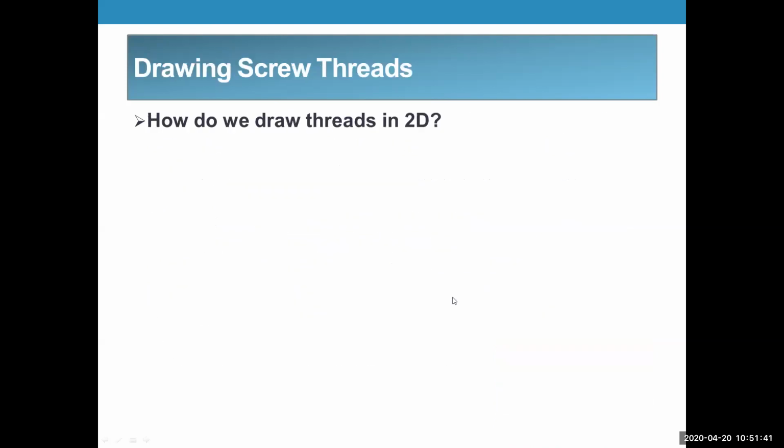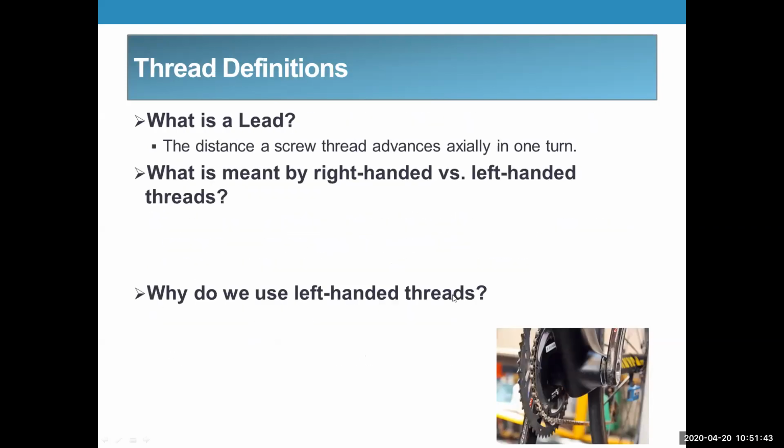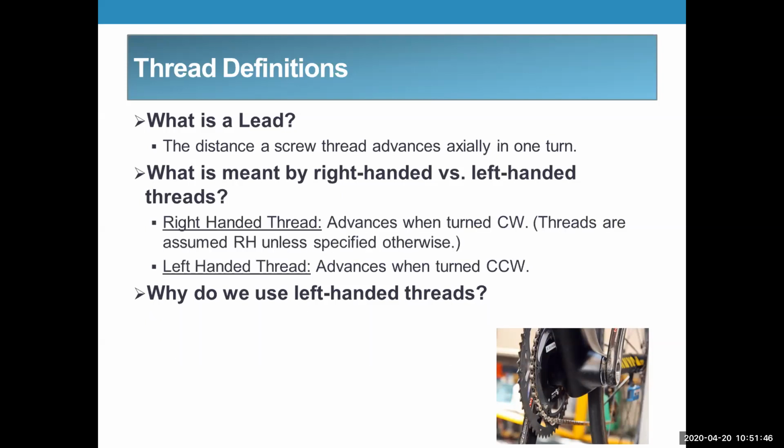The question becomes, why do we need left-hand threads? Well, it's because if you have something that's turning to the right and you're threading to the right, you have potential to unthread. Kind of like the arbor nut on a table saw, which turns the opposite direction the blade does, so that it doesn't come loose. Right, and the inertia of the blade moving in the direction that it moves basically tries to keep tightening up that nut.